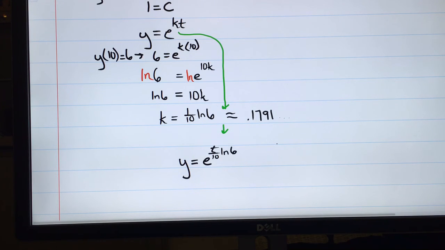In this one, we have e to the t over 10 natural logarithm of 6, and we can say that is equal to e to the natural logarithm of 6 to the t over 10.